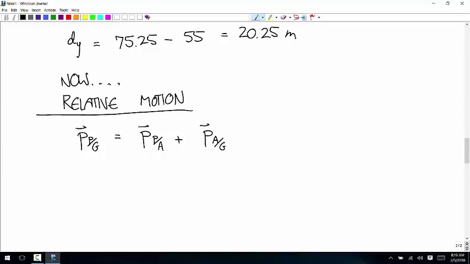So in almost every problem, you're going to have some measurement or calculation assuming that it's fixed to the ground, and then some measurement assuming it's fixed to something else, a truck or a spaceship or an alien or whatever. And A is for alien. It's almost always an alien, so that's an A.